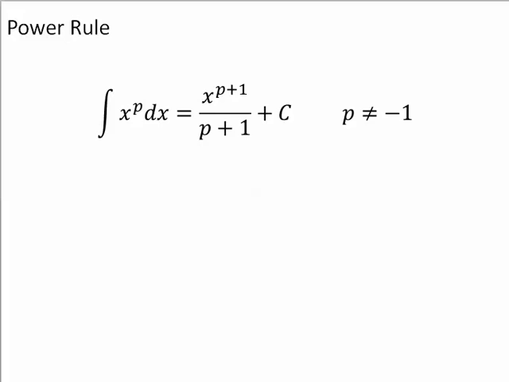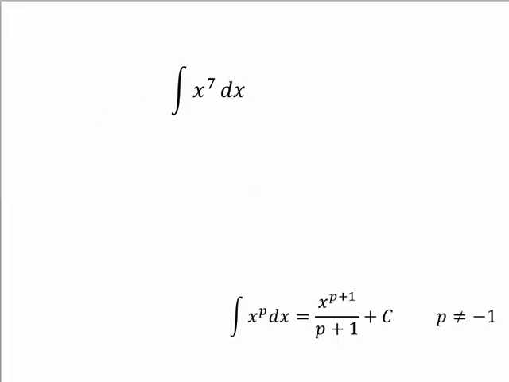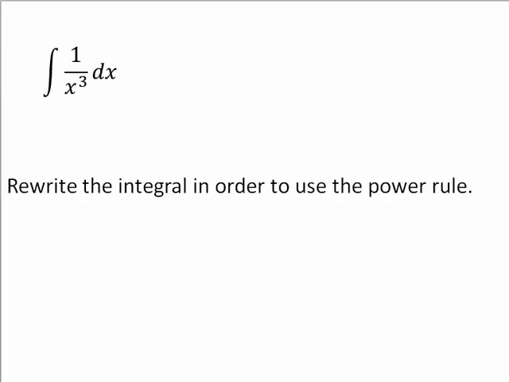Let's do an example. What's the antiderivative of x to the 7? Well, it's x to the 8 over 8. Check that the derivative of x to the 8 over 8, the derivative of that should be x to the 7. And in fact, it is. For this antiderivative, in order to use the power rule, you need to rewrite the integral.